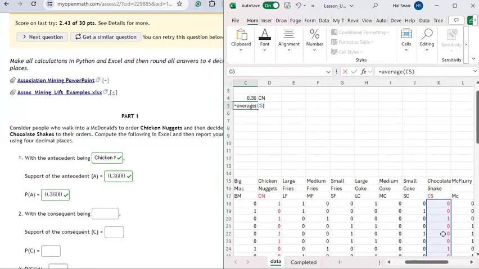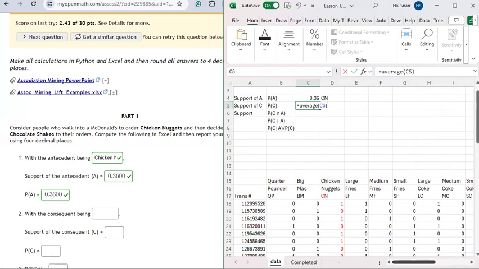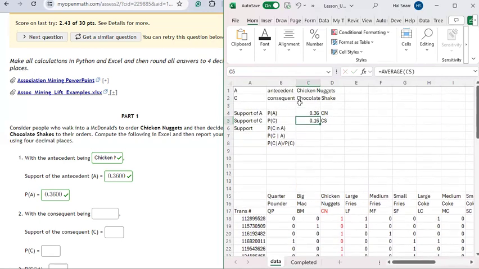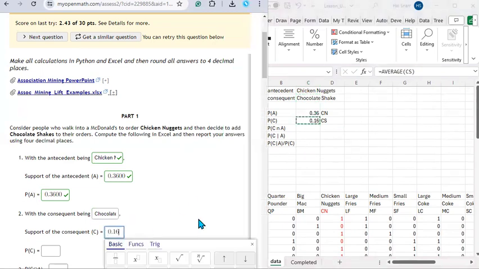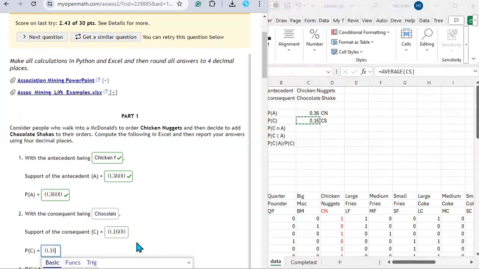We're going to average the items in that object that we've named CS. We're going to average that, and we get 0.16. So chocolate shake is the consequent. The support for the consequent is 0.1600. And the probability of the consequent is 0.1600. Sorry, chocolate shake.